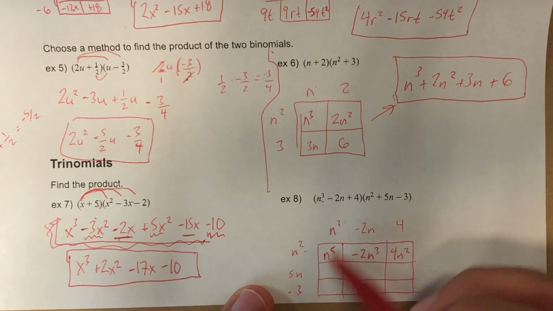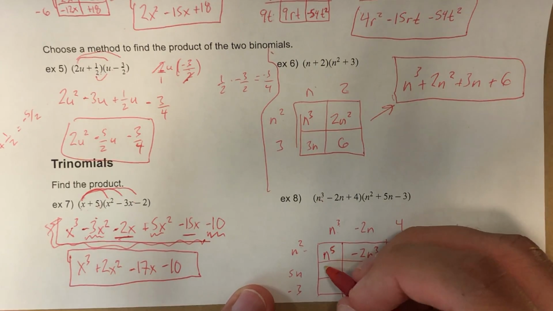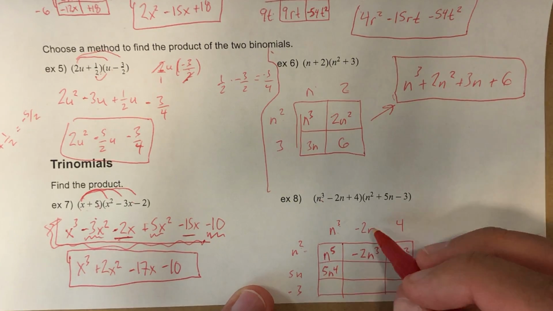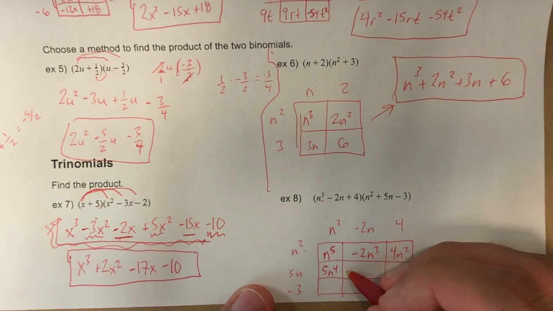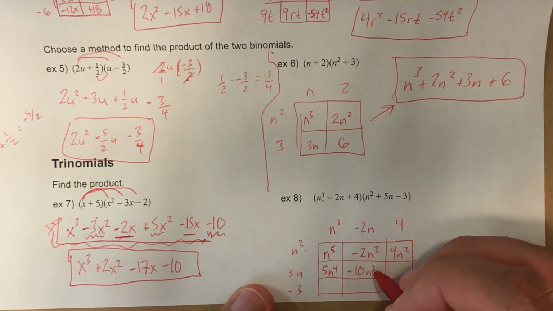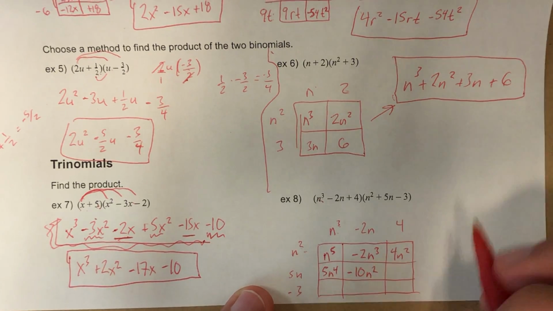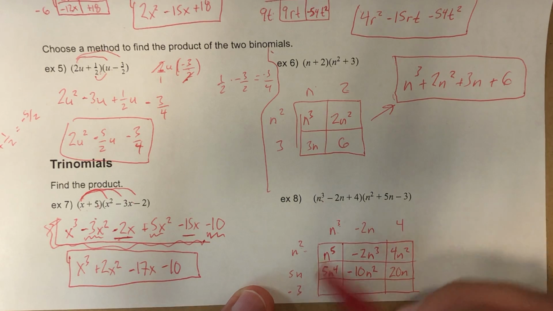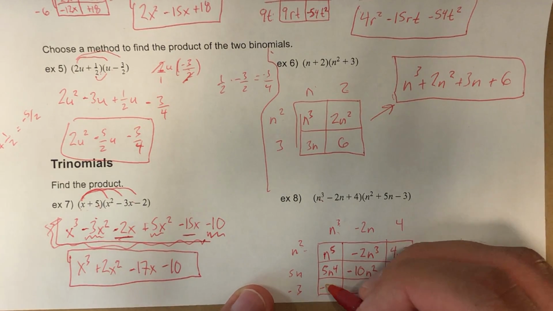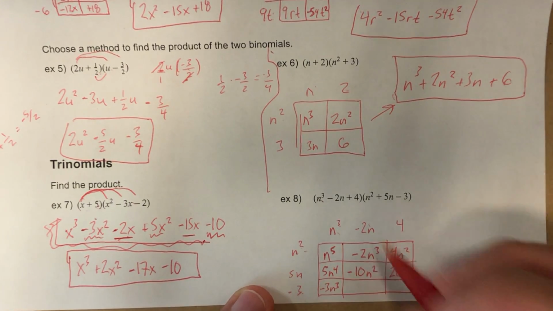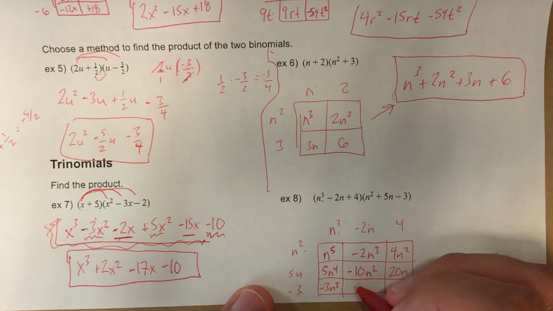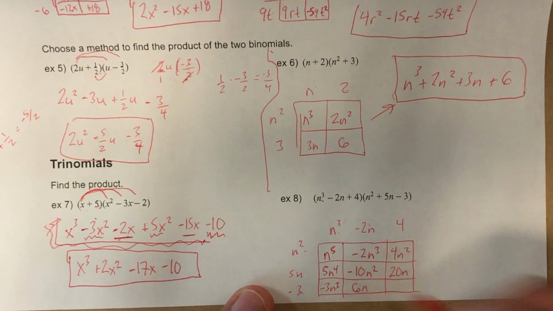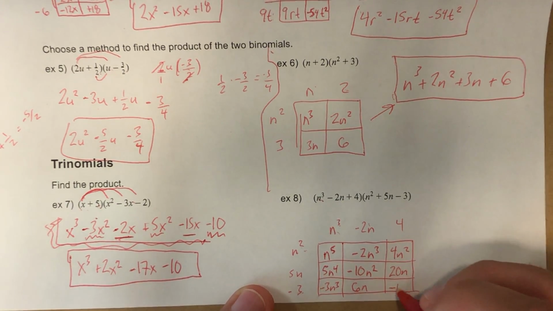On to the next one, n cubed times 5n is 5n to the fourth. Negative 2n times 5n is negative 10n squared. 4 times 5n is 20n. Last row, negative 3 times n cubed is negative 3n cubed. Negative 3 times negative 2n. Negative times negative is positive 6n. Negative 3 times 4 is negative 12.